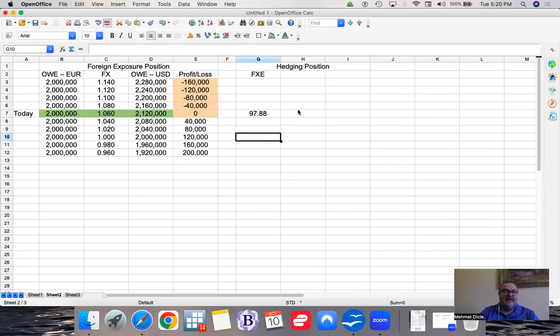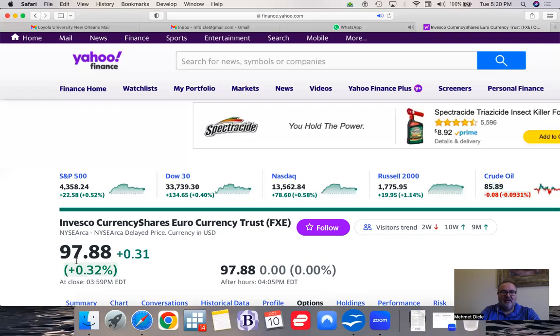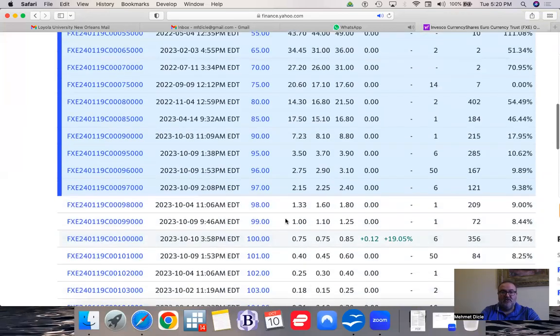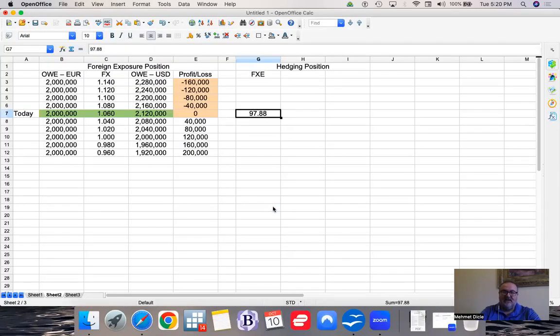So the idea is that with a call option that I buy, as the exchange rate goes up, or as the price of FXE, which is indexed to the dollar euro exchange rate, goes up, I need to make a profit. So something that's closest to the current exchange rate, current price, would actually do me fine. So I'm going to go with 98, right? So instead of the 97.88, I'm just going to say 98.